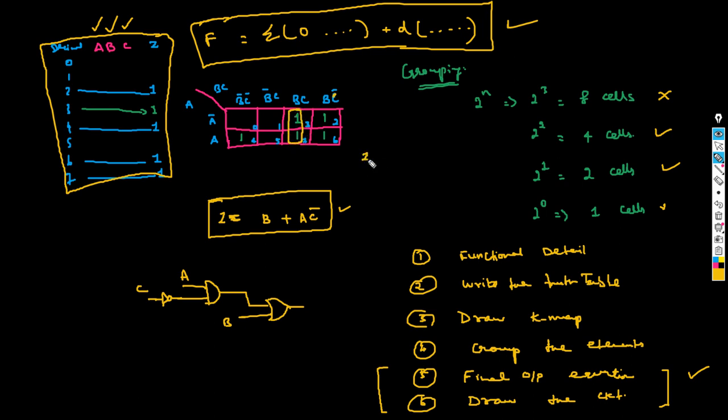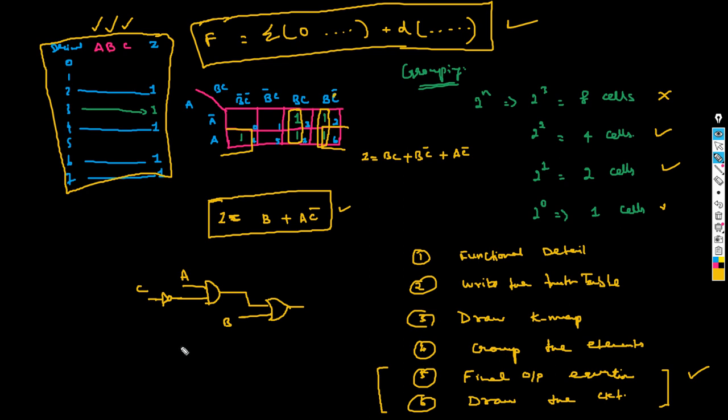This would be BC. Now you group these two: B C bar, plus this one, A C bar. Now, if you have to implement this circuit, how many gates do you ideally need?